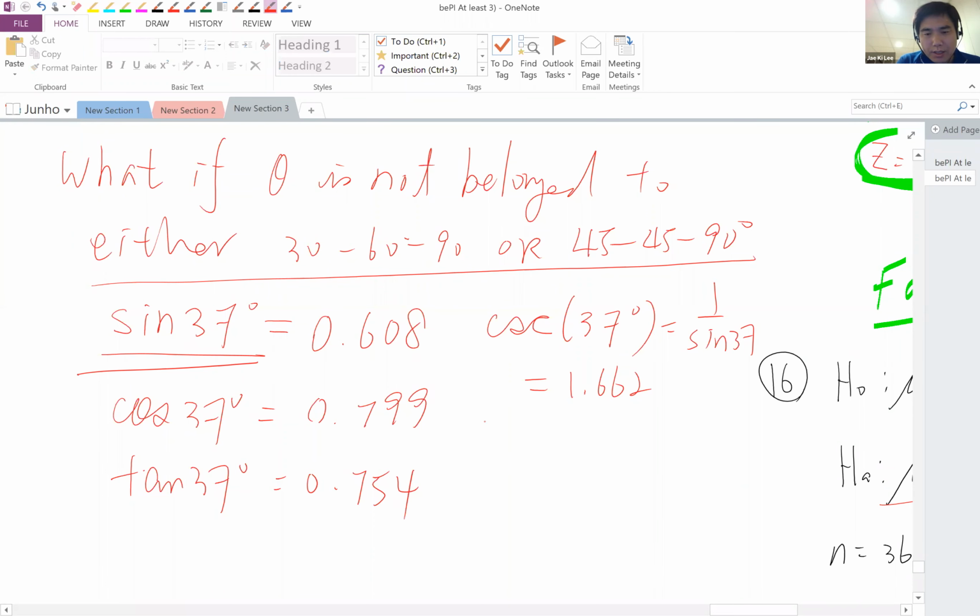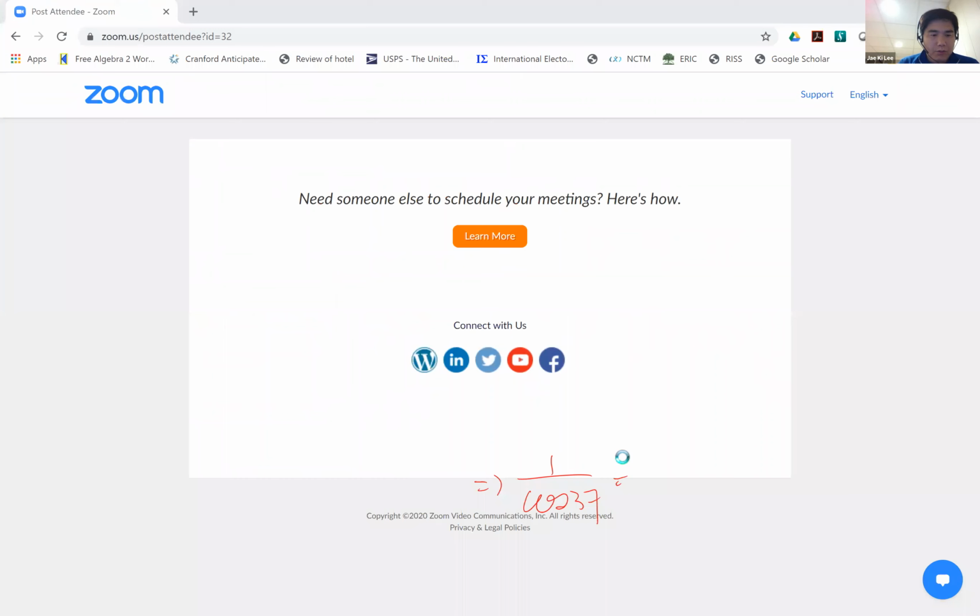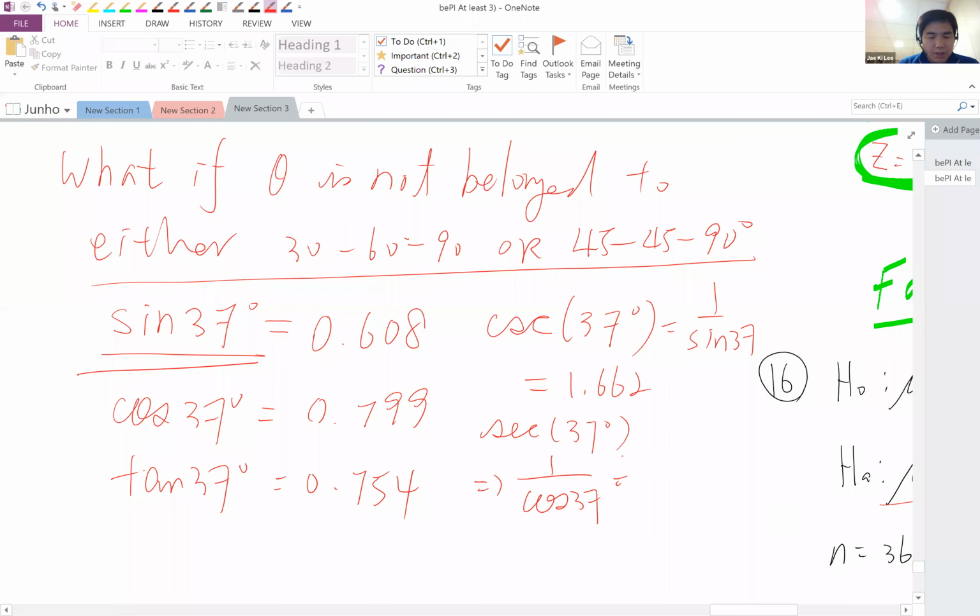Then secant 37 means now I can make 1 over cosine, which is 1 over cosine 37. So 1 over cosine 37, then you can get 1.252.